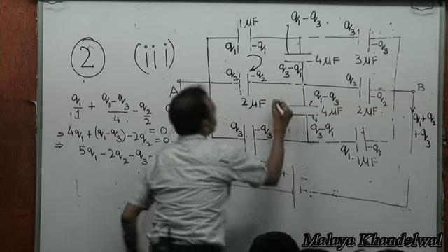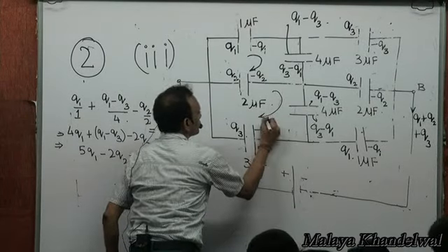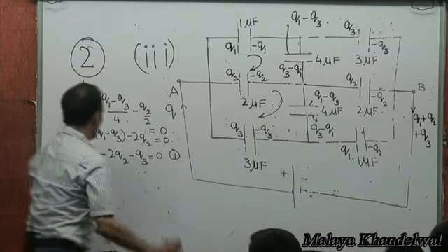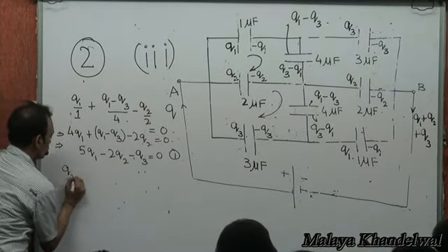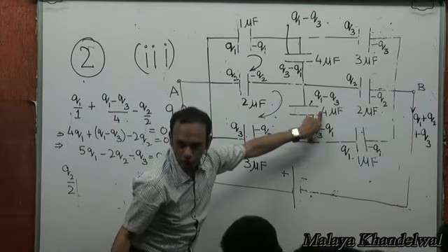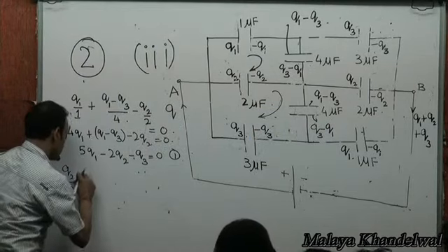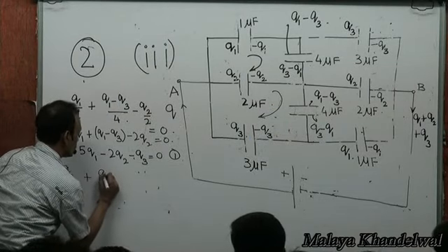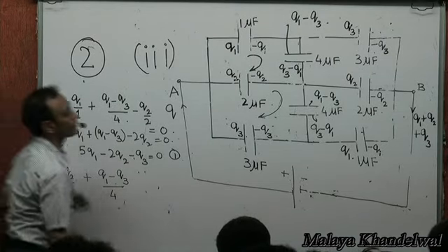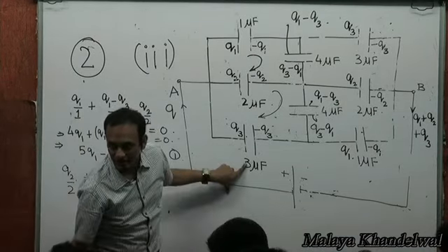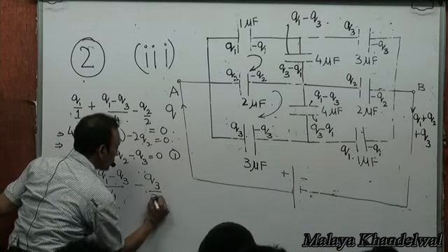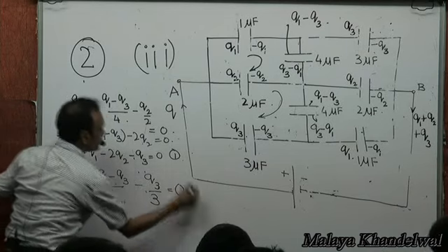Now when you apply KVL to the lower loop, Q2 by 2, Q1 minus Q3 by 4, minus Q3 by 3 equal to 0.